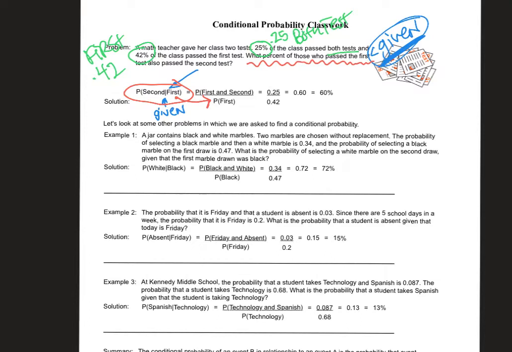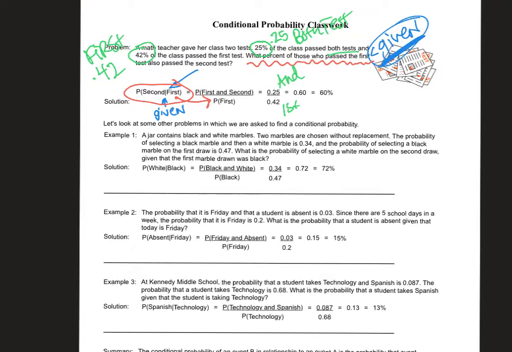We want to know what percent passed the first that also passed the second. So first and second is 0.25. That's my and. And who just passed the first is 0.42. You divide those probabilities. So 0.25 divided by 0.42 is 0.60, and that's equal to 60%.